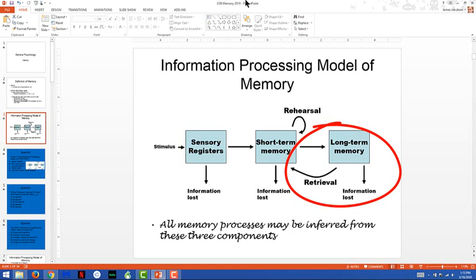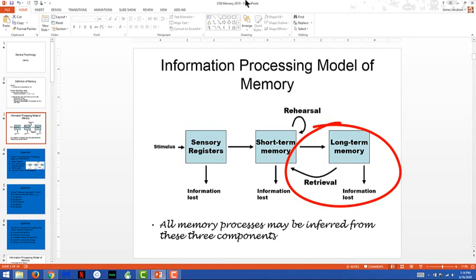It can, of course, when you look at this model, and of course from practical experience, long-term memories can also decay themselves, and they will decay on a much longer scale than short-term memory or sensory registers. Again, to repeat, sensory register has decay on the order of tenths of a second.